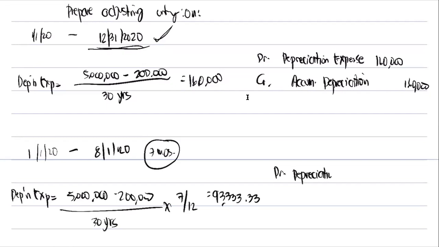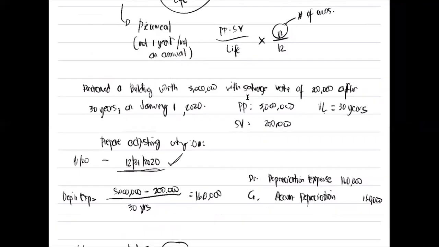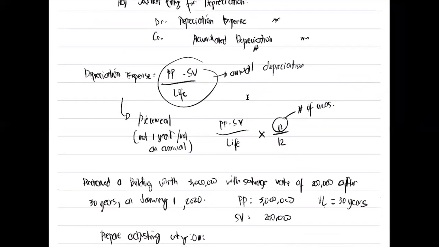So we debit depreciation expense and we credit accumulated depreciation, 93,333.33. Guys, we go back to our formula. Depreciation expense is equal to purchase price less the salvage value over the life. Once you get this, that is the annual depreciation.